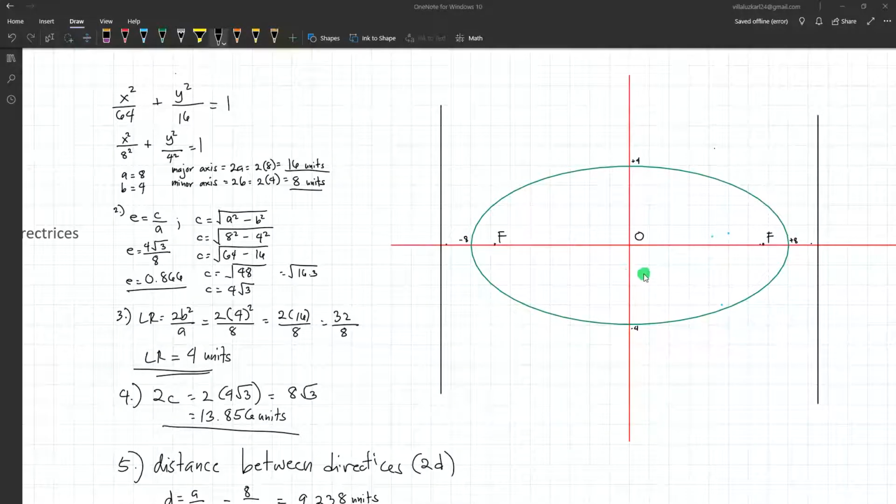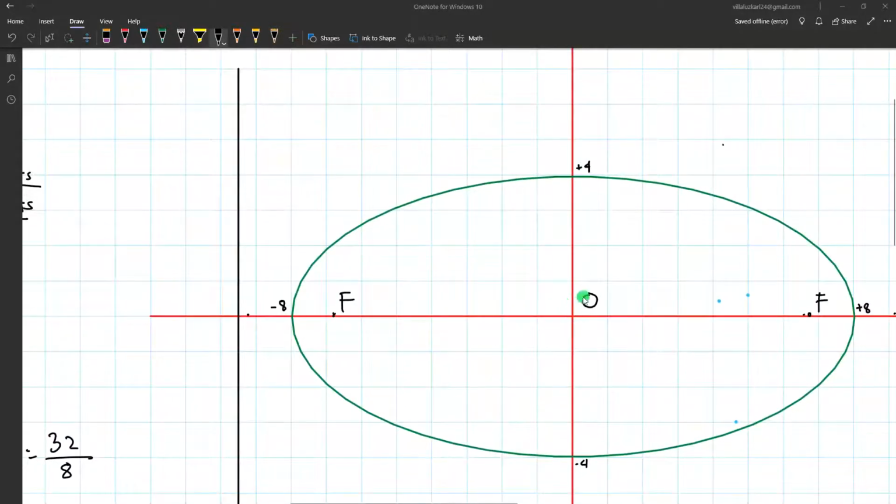We have a major axis of 16 units, which means the semi-major axis is 8 units, so 8 units from the center of the ellipse to the right and to the left. For the minor axis, we have a total of 8 units, which means half of that is distance B, or 4 units from the origin upward and downward.